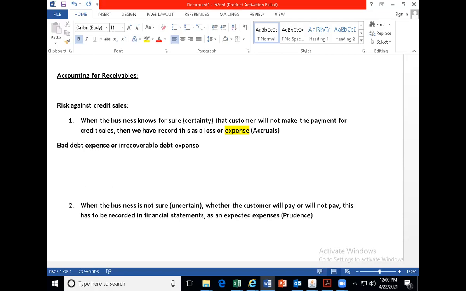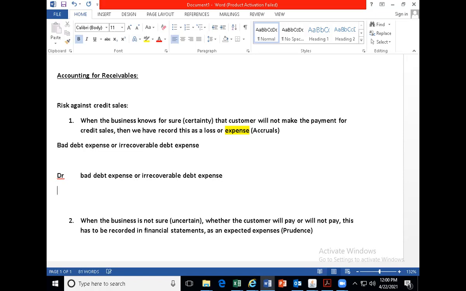Okay, now how is it recorded? As soon as we find out that the customer will not pay, we debit something. What do we debit? Well, you know that expenses are always debited. So we debit bad debt expense, or actually irrecoverable debt expense. And what do we credit?